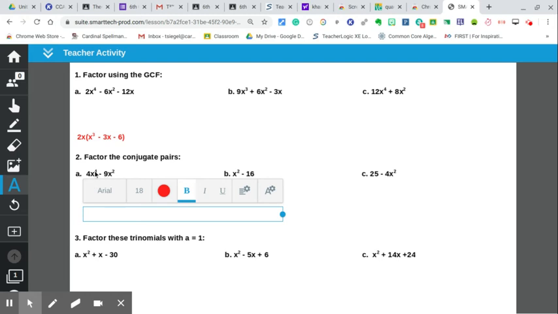But x to the fourth and x to the second have a common factor. And that common factor is x squared, the smallest exponent. So we can take that x squared out, right? And then inside, we divide each one. 4x to the fourth divided by x squared is 4x squared.